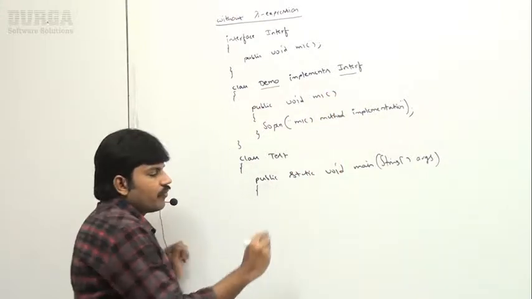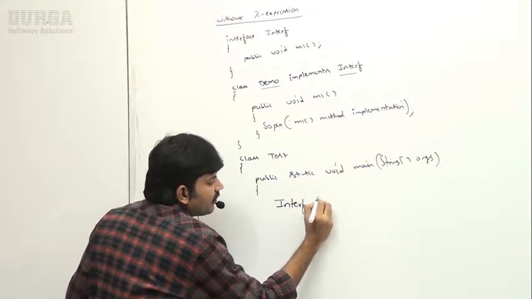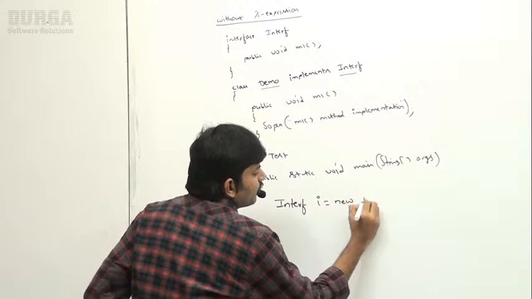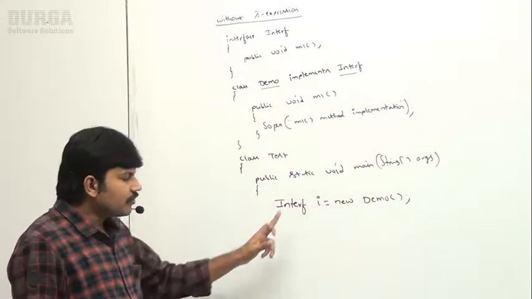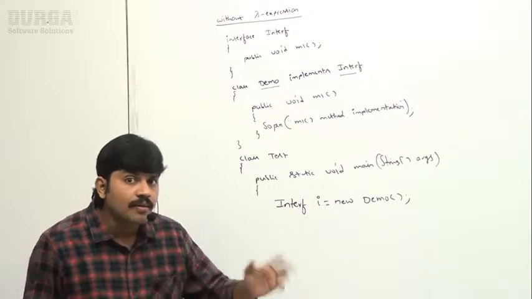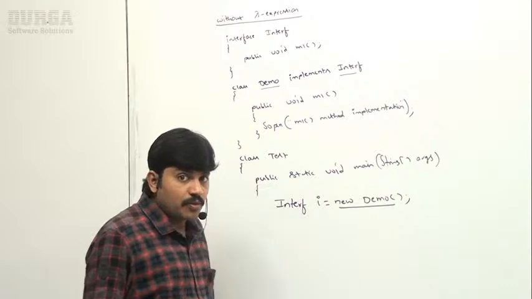That's why I can take Interf i = new Demo(). Have you observed? A parent interface reference can be used to hold an implemented class object. This is nothing but the polymorphism property, sir.